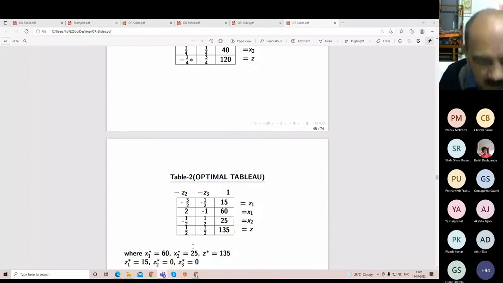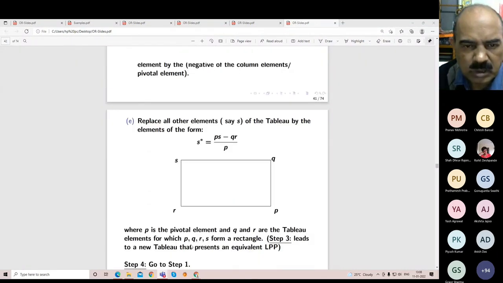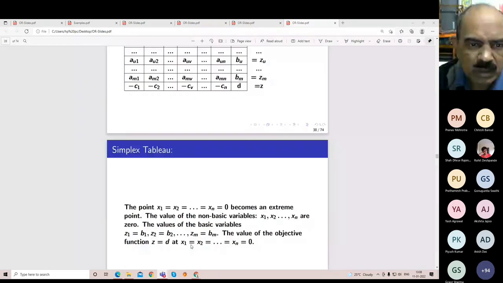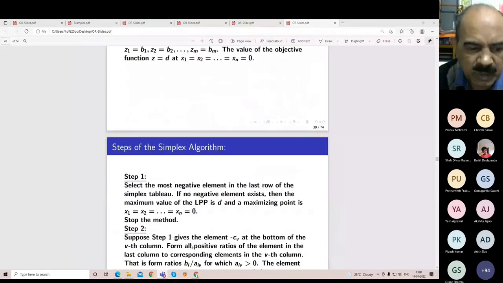No, whenever we are solving a problem, the problem is not necessarily optimal. We may terminate after the first iteration. Sometimes we find the problem is unbounded, and for an unbounded problem you will terminate, you will not be able to solve it. Step 1 says that if you find an optimal solution, you stop.